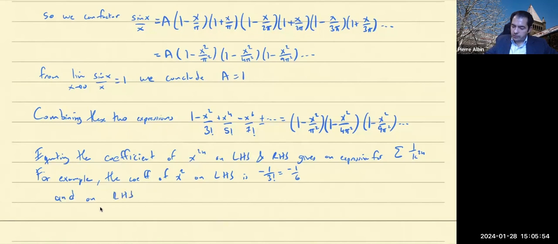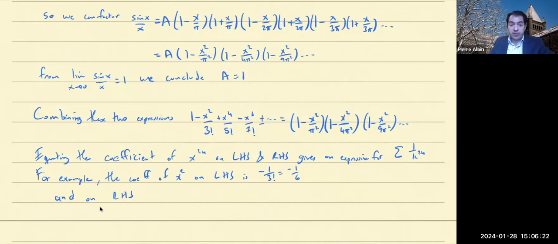And on the right-hand side, okay, well, let's stare at the right-hand side. When are we going to get an x squared, right? Well, if you think that each of these factors is going to contribute either the 1 or the minus x squared over something, we can only have one contribution of x squared over something, because if we had more than one, then we'd end up with x to the 4th.